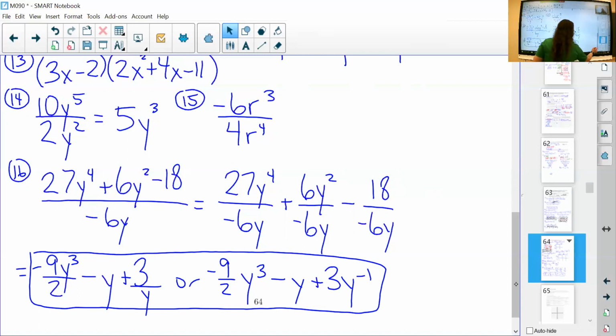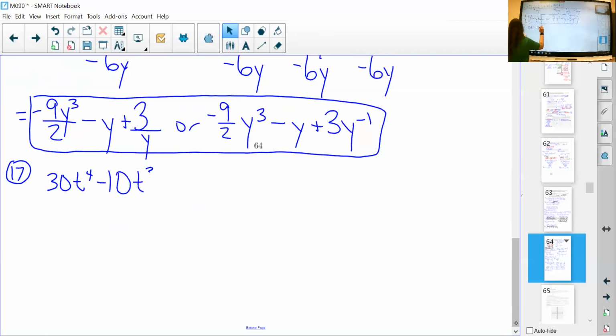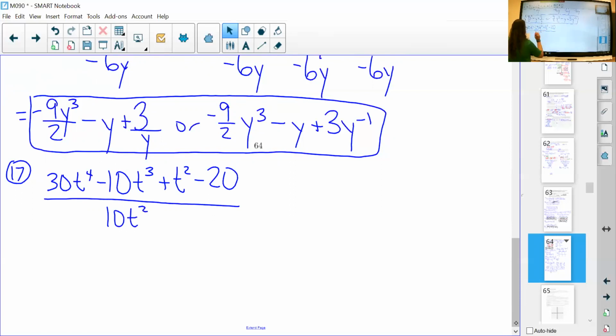Let's look at a few more. Example 17. Feel free to grab some extra paper if you need it. We're almost done though. 30t to the fourth minus 10t cubed plus t squared minus 20 over 10t squared.